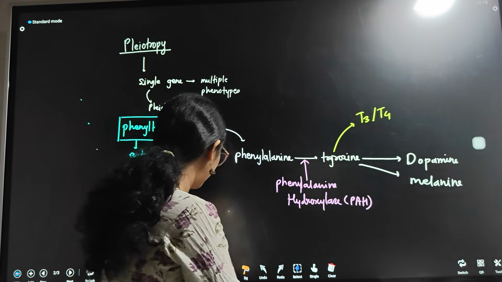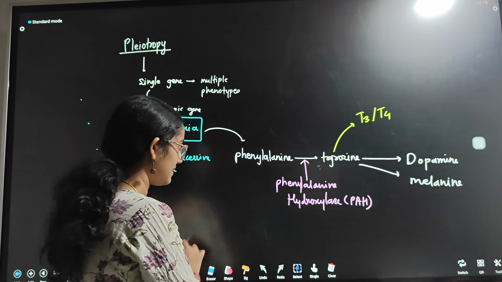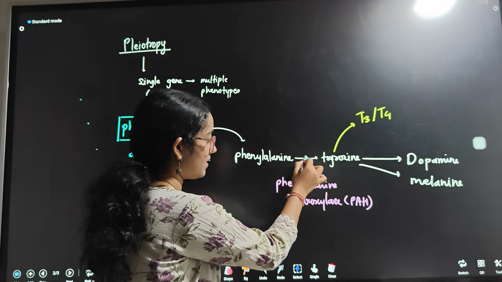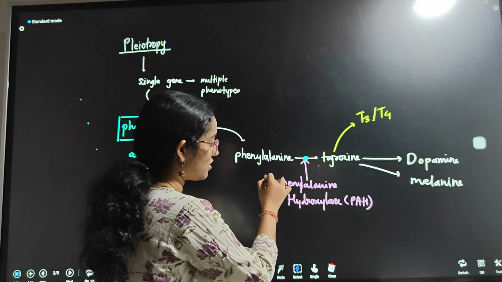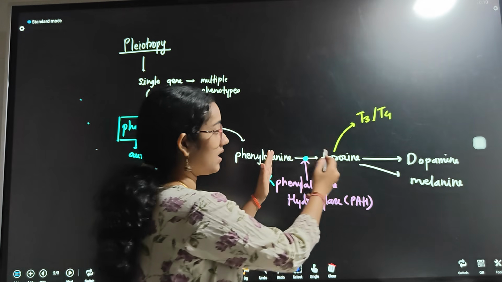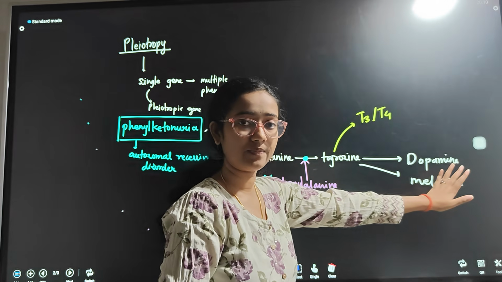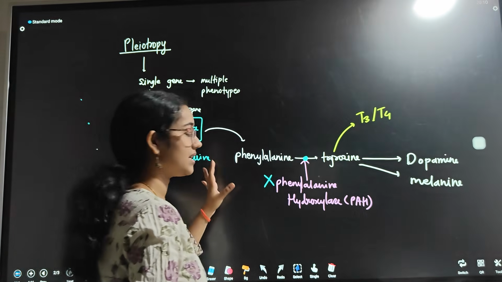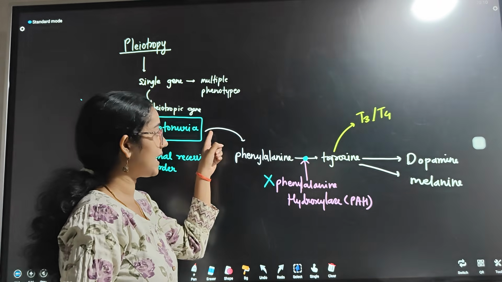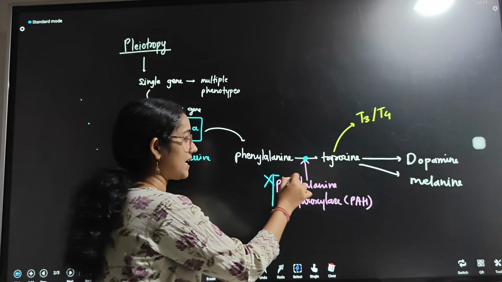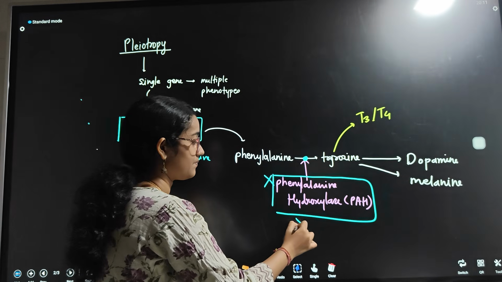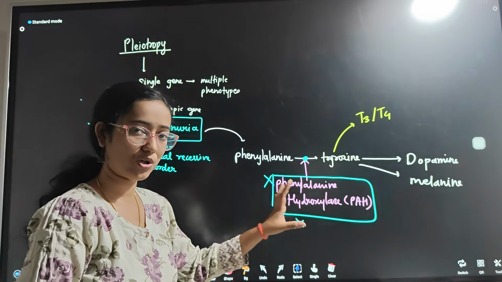Now, if there is some problem with this step, if this enzyme is not produced properly, the other reactions won't happen, right? So this is nothing but phenylketonuria. In phenylketonuria, the PAH enzyme is not produced.